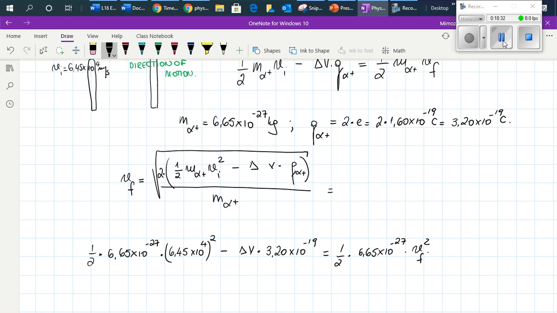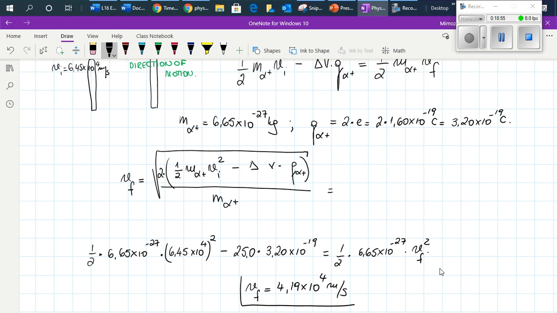Enter this in your calculator and you will find the value of V final. I have here that V final is equal to 4.19 times 10 to the power of 4 meters per second.